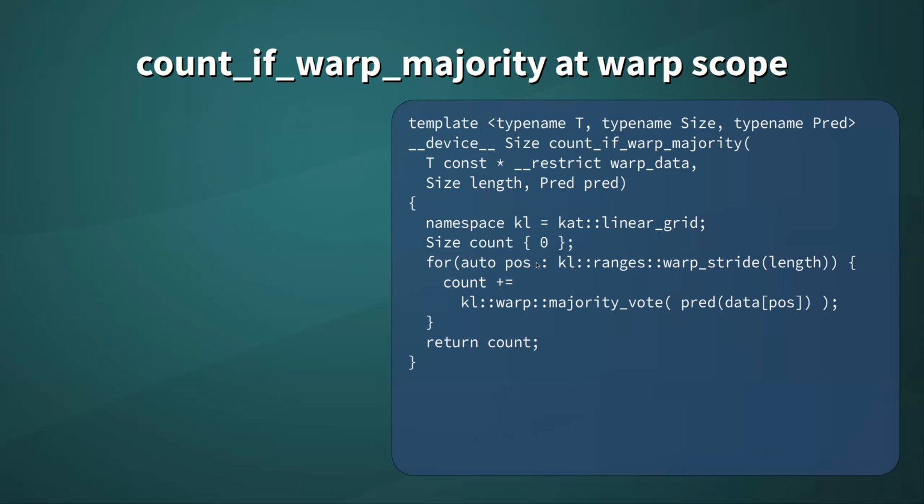But here, we have all 32 warp threads having consecutive values for pos, because they start at 0 to 31, and then they advance to 32 to 63, and then to 64 to 95, and so on. And here's what they run. So each of them takes an element of the warp data and applies the predicate to that element, and then it has a true or false value.